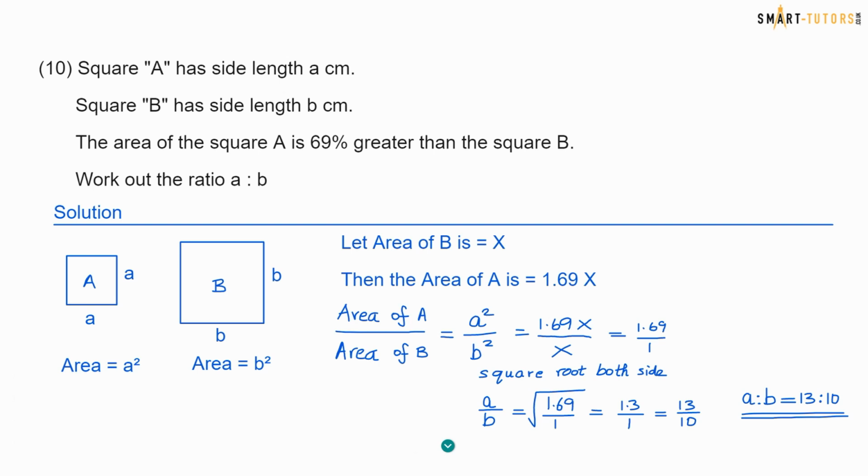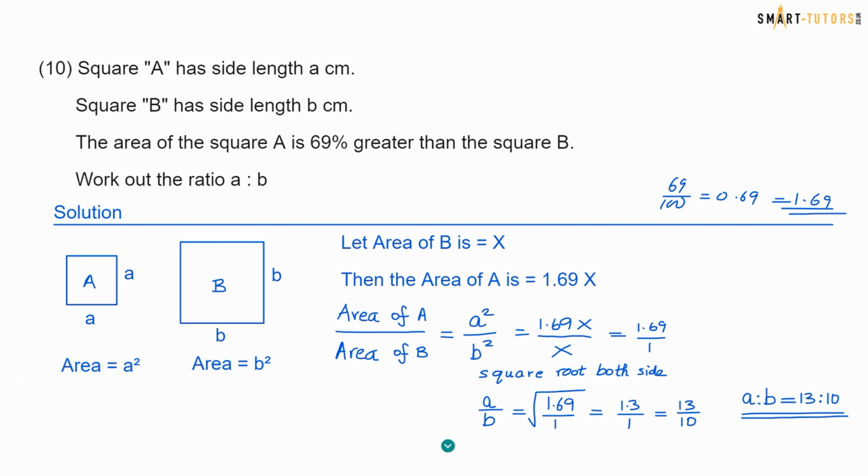Then the area of A is 1.69x, because 69% greater. 69% means 69 over 100, which is 0.69. Greater means you need to add 1, so 1.69. That is the multiplier, 1.69 times x, the previous B.